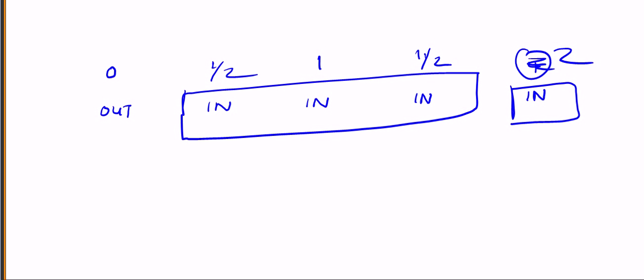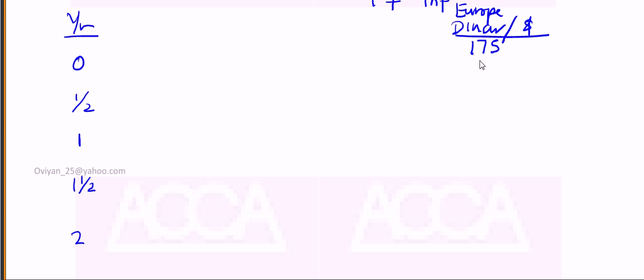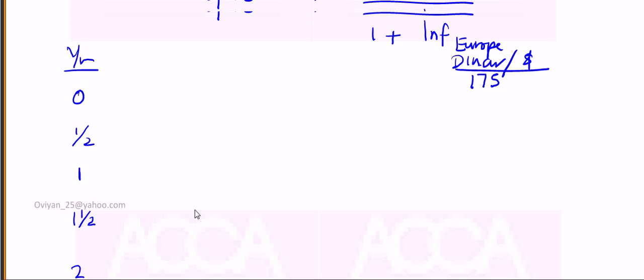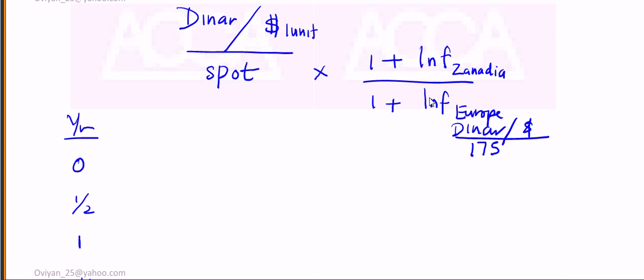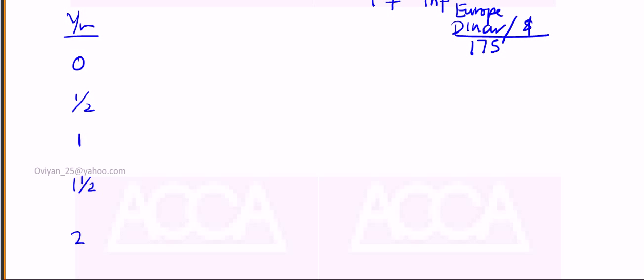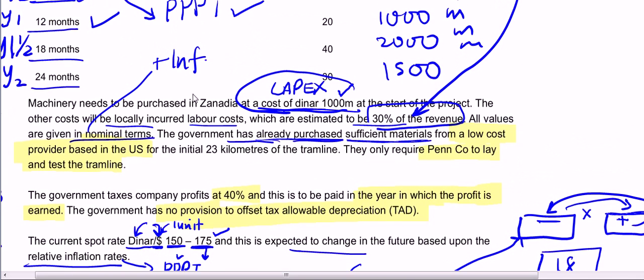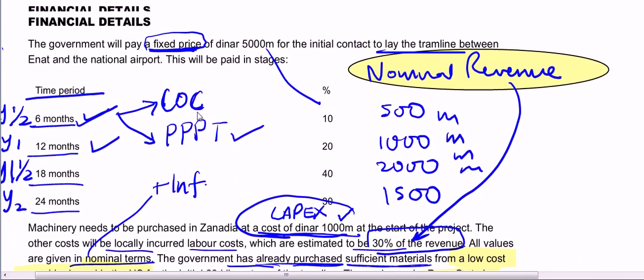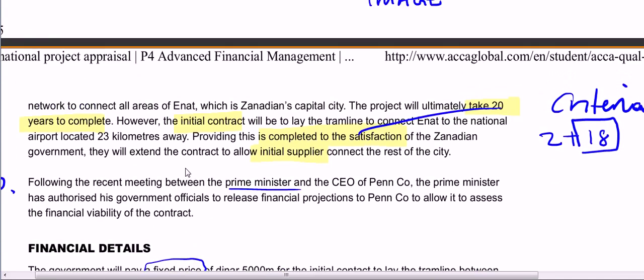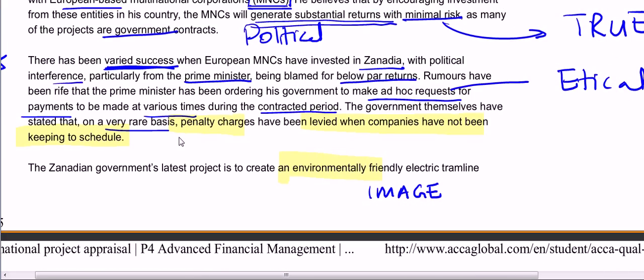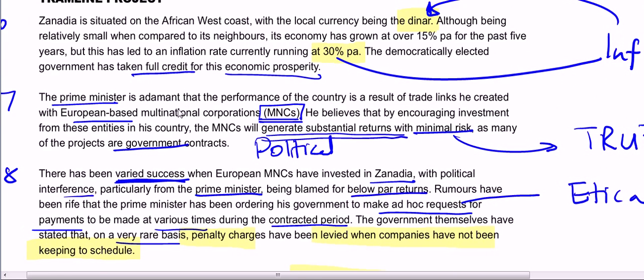Now, coming back here, so we're going to use 175 to forecast. Now, how do you forecast year 1? Let's come to year 1, and this is going to be the formula that we're going to have: inflation Zanadia, inflation euro. So we're going to have some changes in colors. 175 multiplied by 1 plus 0.3 inflation in Zanadia. Now, inflation in Zanadia is given to us in paragraph number 6.